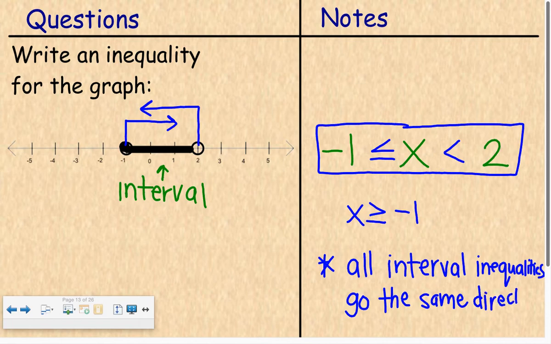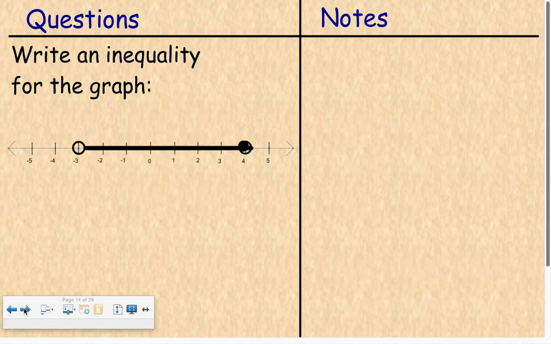So when you get done, if yours are opposite directions, so meaning they both should be less than or they both should be greater than. If you have one less than and one greater than, you know you did something wrong. They should be the same inequality sign. Less than or greater than, or equal to doesn't matter, but they should both be less than or both be greater than. All right, let's try another one.